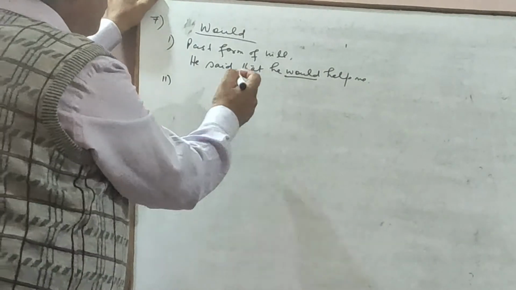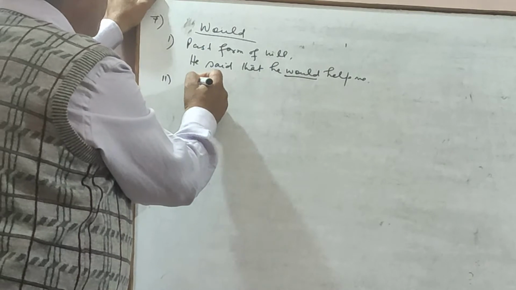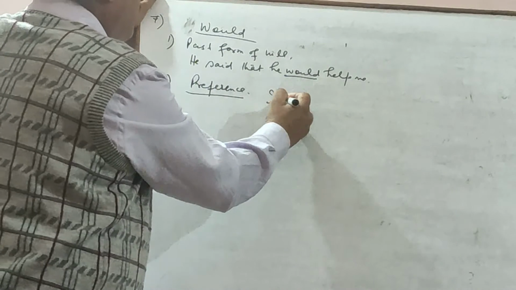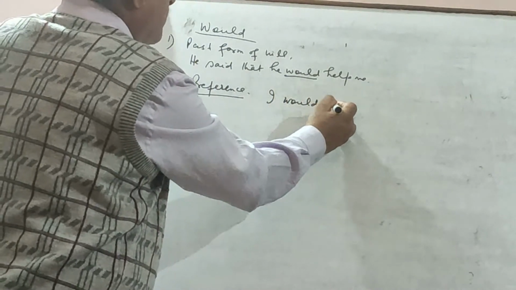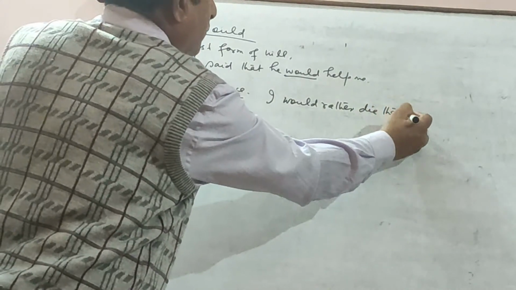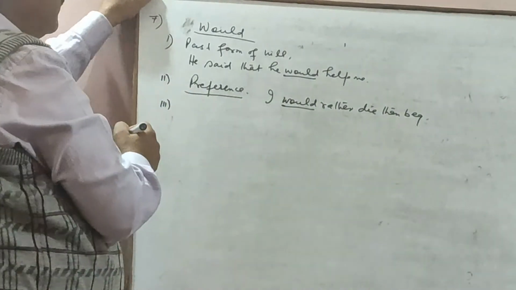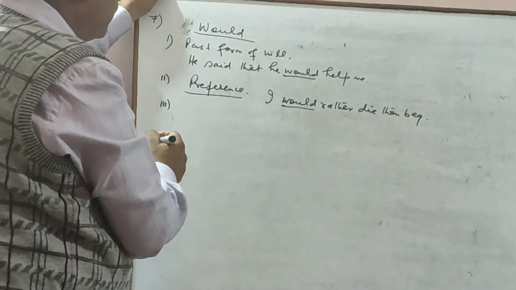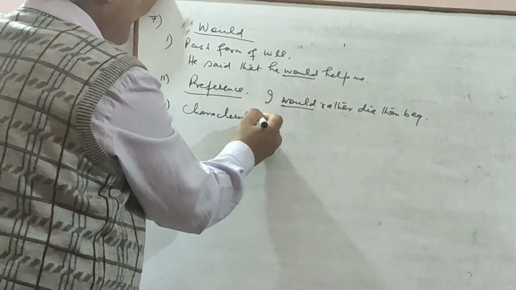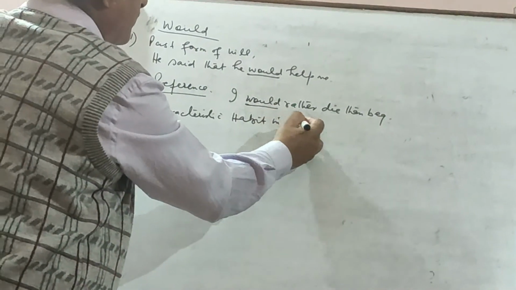Then its next use is it is used to show preference. I would rather die than beg. The third use of would is it is used to show characteristic habit in the past.